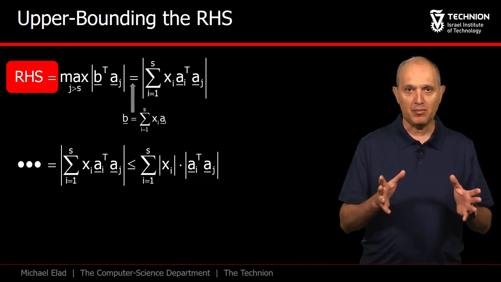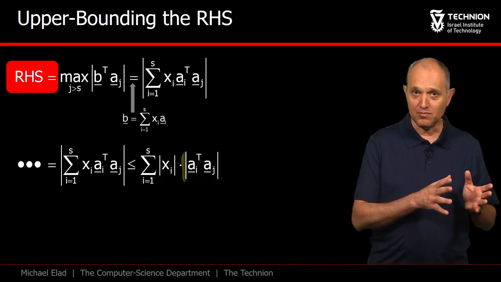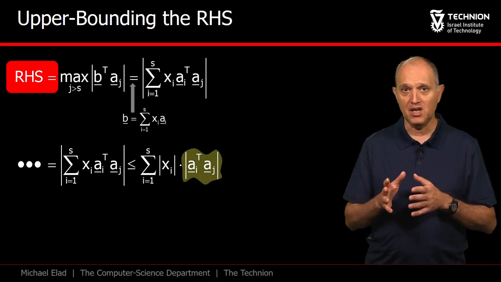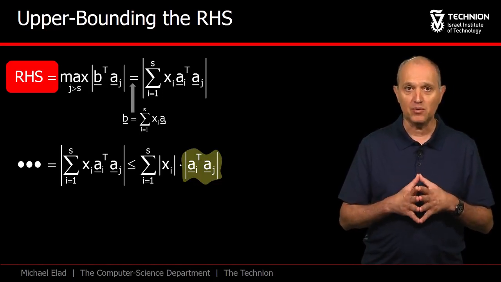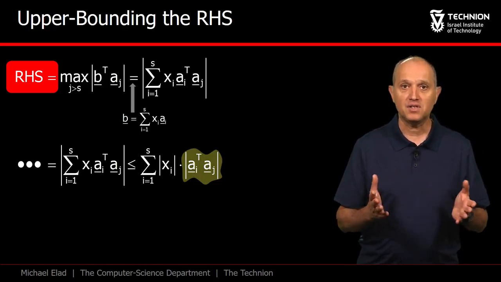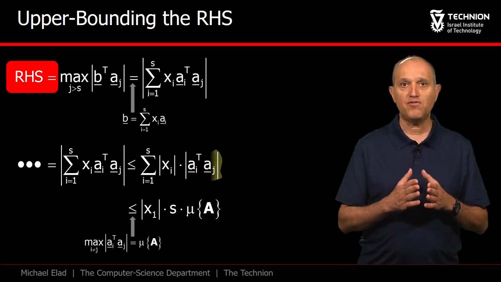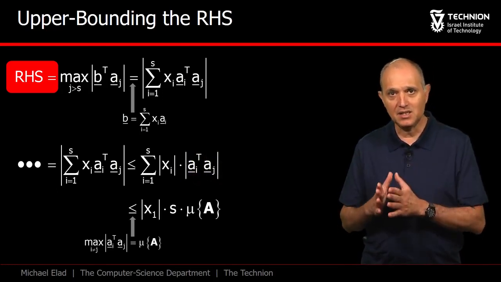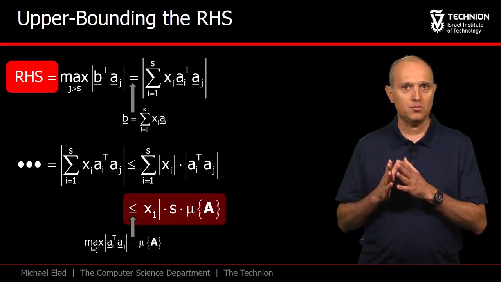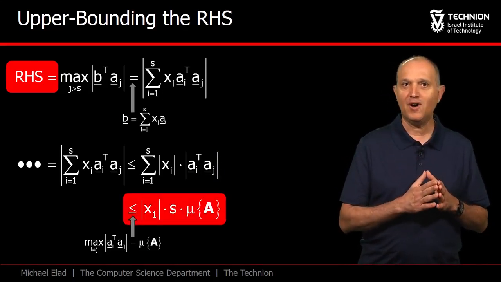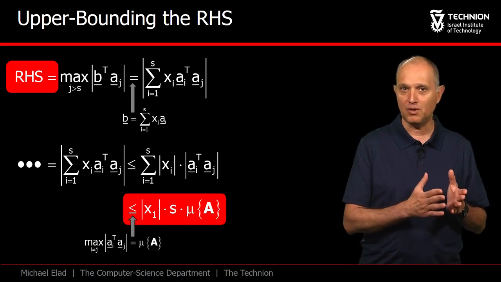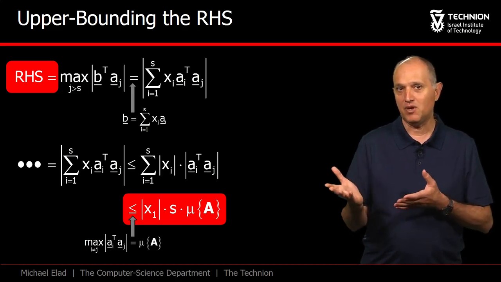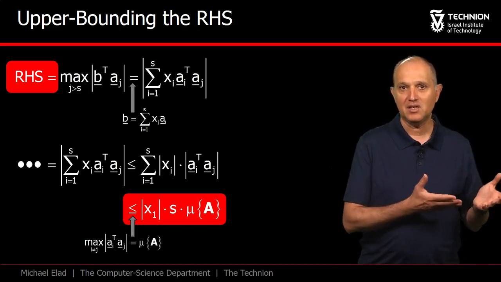Still in the spirit of upper bounding, we can replace the last term, ai transpose times aj, by the mutual coherence, mu, since i and j are never the same. This brings us to the final expression, which is absolute x1 times S times the coherence. As promised, this expression is far simpler compared to the expression we started with, using the maximal entry of the solution, the coherence, and the cardinality.